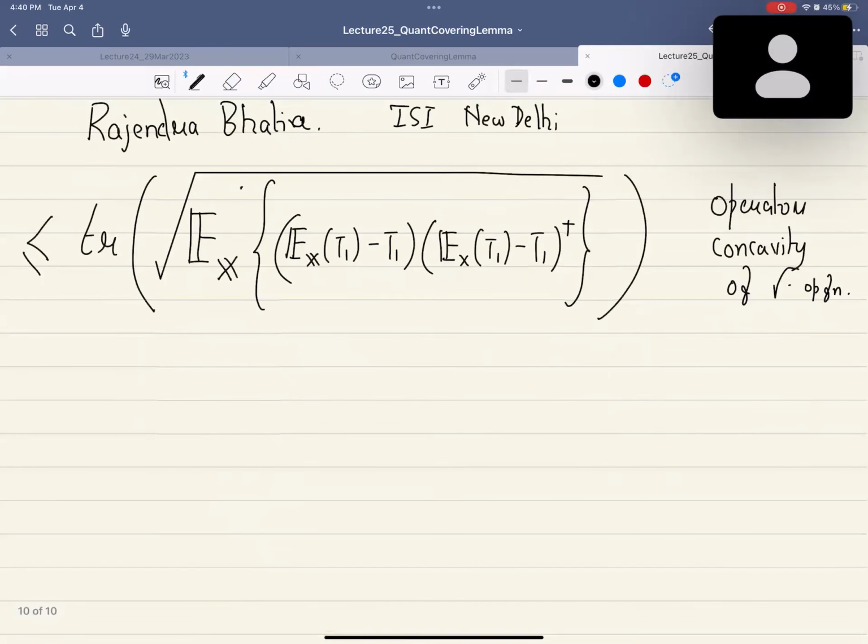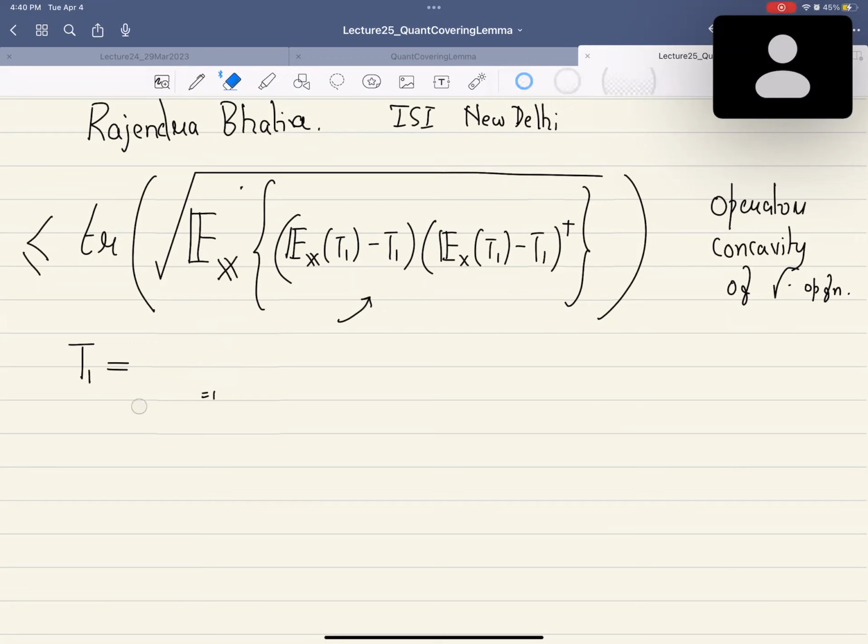Okay, so now we are in a position to play around with this. So what am I looking at? What is T1? T1 is 1 by M, sum over M equal to 1 to capital M. What is this quantity?